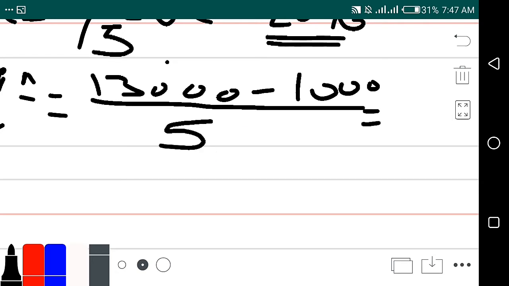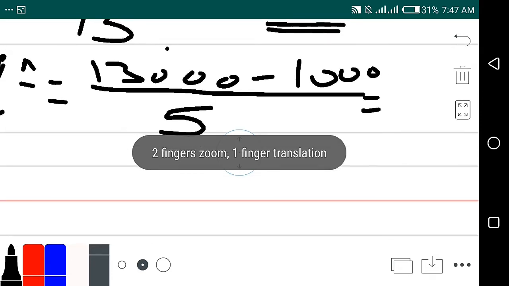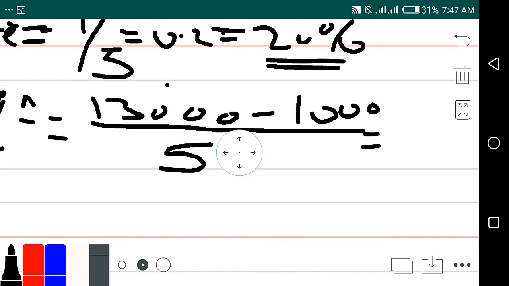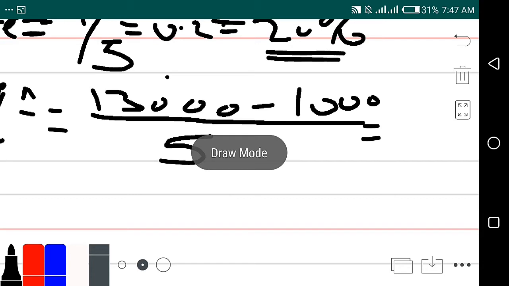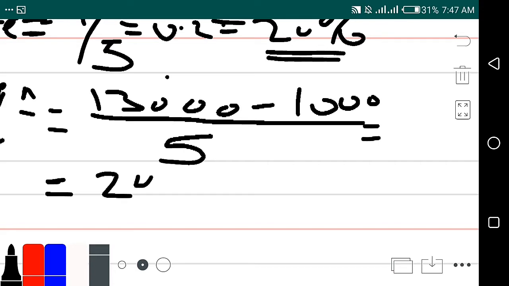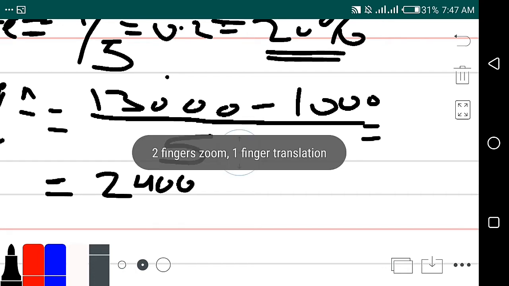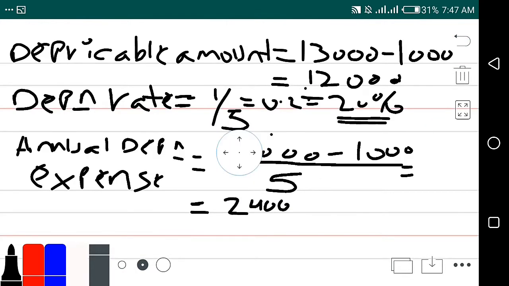Therefore the answer would be 5,800. This is annual depreciation expense for each year. It is for 2040 up to 2080.